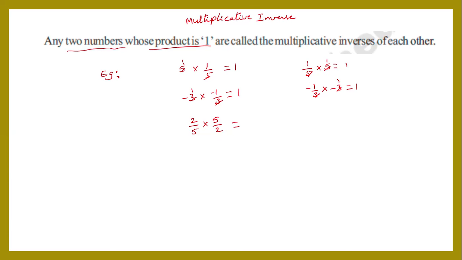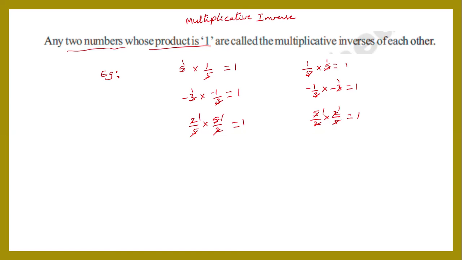Here you observe what we get. 5 ones are 5, 2 ones are 2, 1 into 1 is 1. Otherwise 5 by 2 into 2 by 5, here also we get the same result. So here you may observe in all these products we got 1.